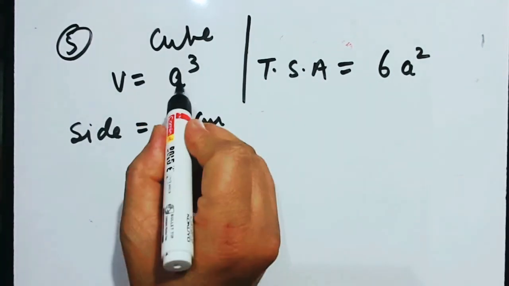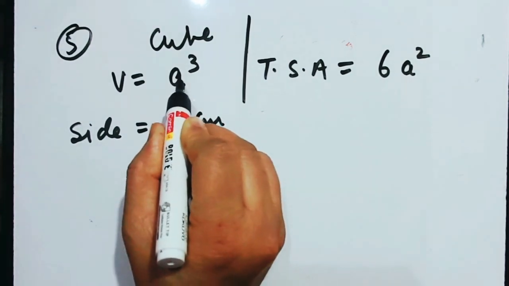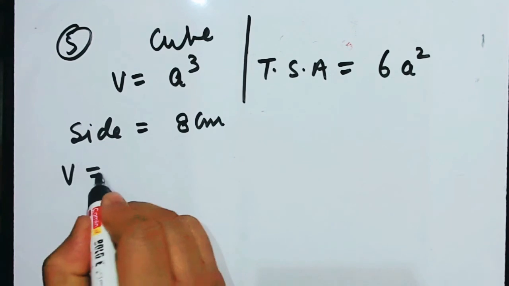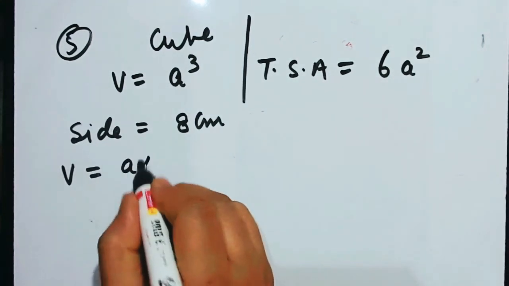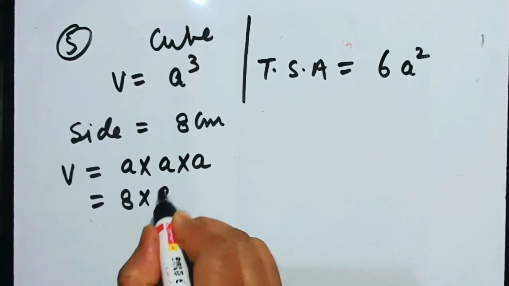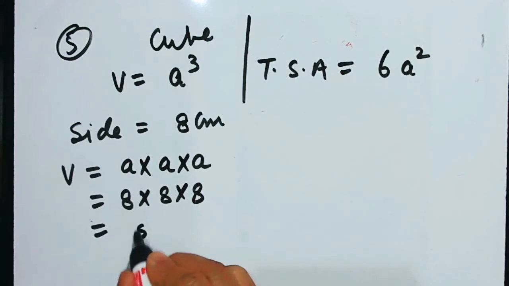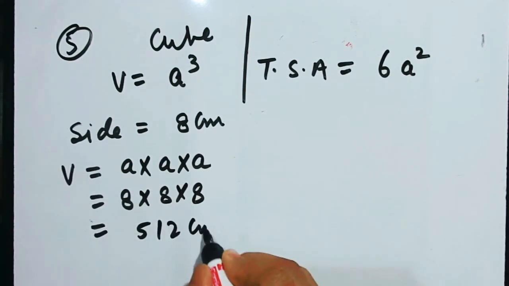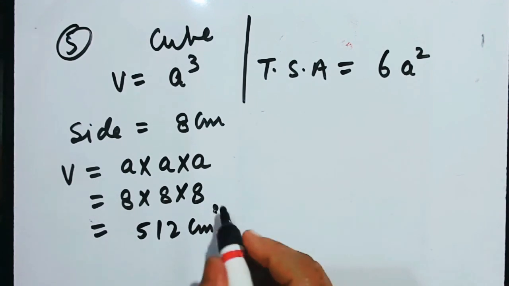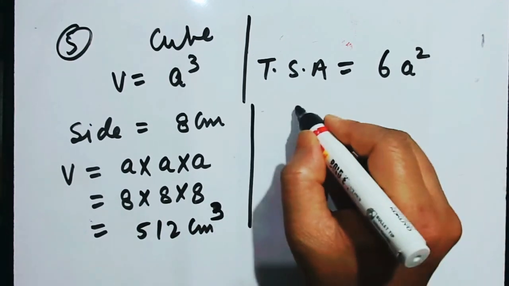So naturally I am going to put this 8 centimeter in the formula, and we are going to find out the volume as A into A into A, which is 8 into 8 into 8, giving you 512 centimeter cube. Clear?